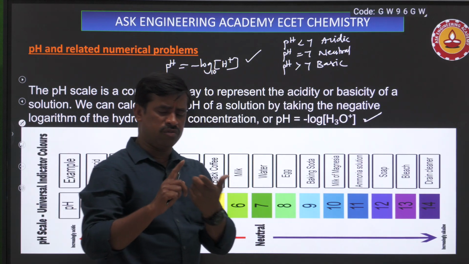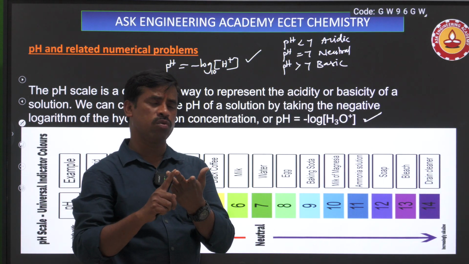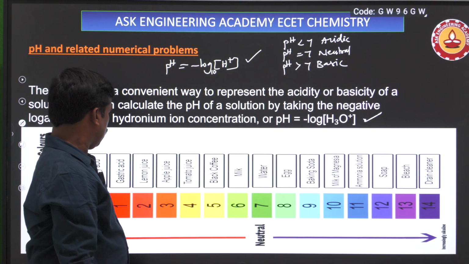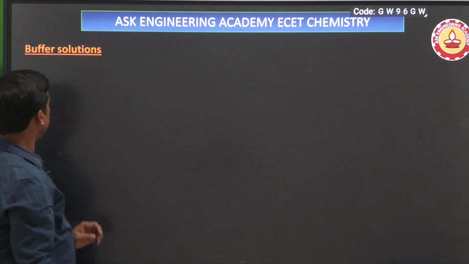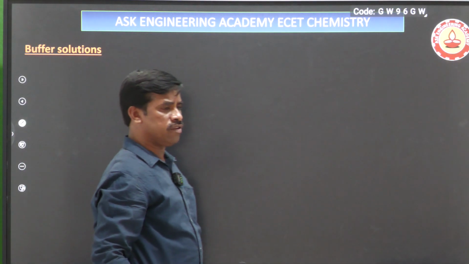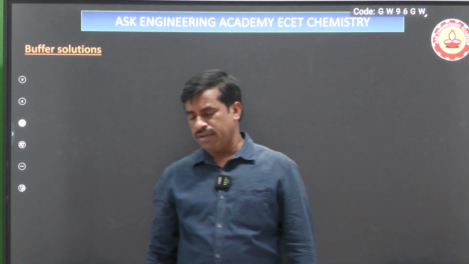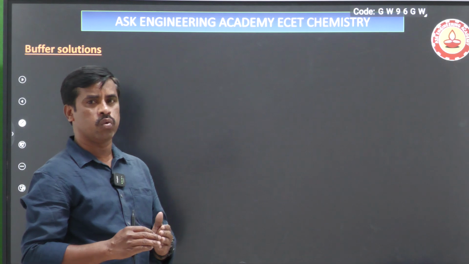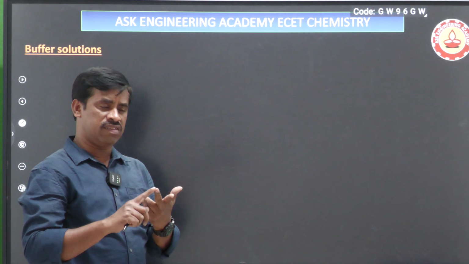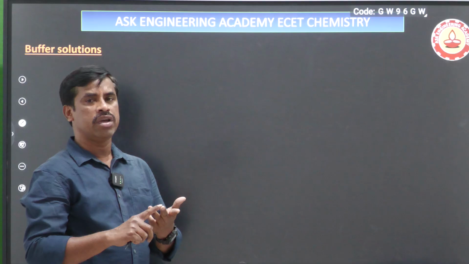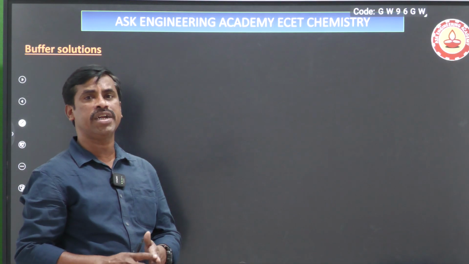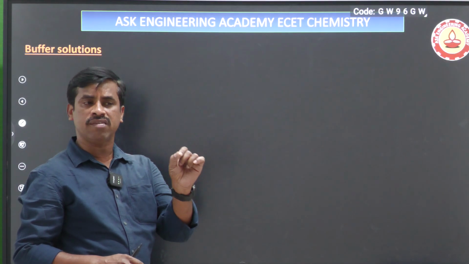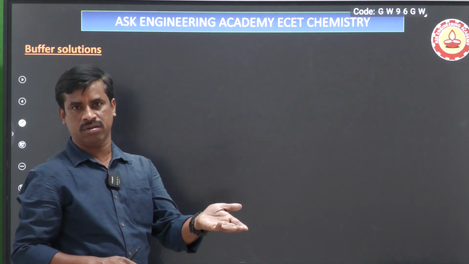Orally you should remember: pH value less than 7 is acidic, pH value equal to 7 is neutral, pH value greater than 7 is basic substances. After that we have the next topic, buffer solution. What is a buffer solution? A mixture of solutions which resists change in its pH value, it means it maintains constant pH value whenever a little amount of acid or base is added to it.